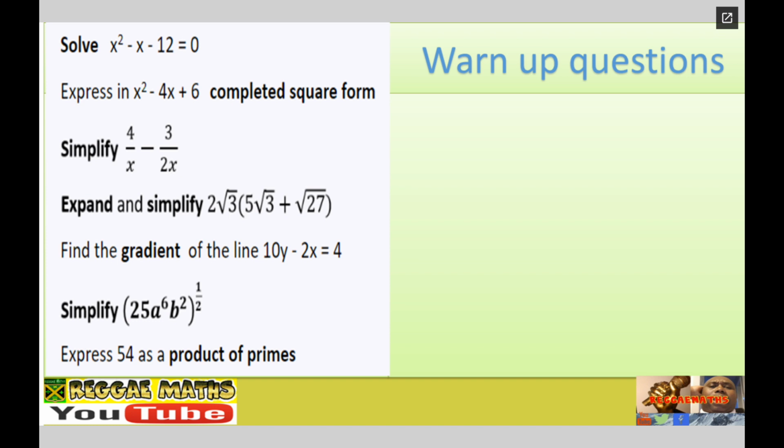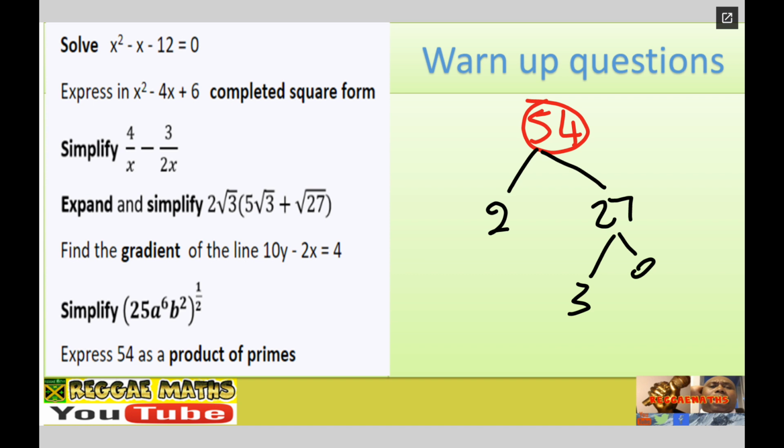Product of its primes, so basically 54. So you got 2, 27, 3 and 9, 3 and 3.